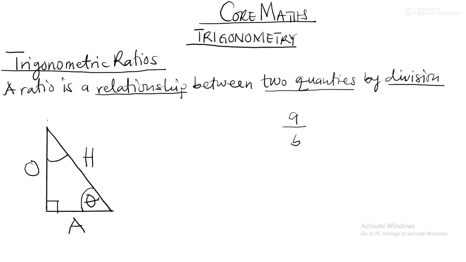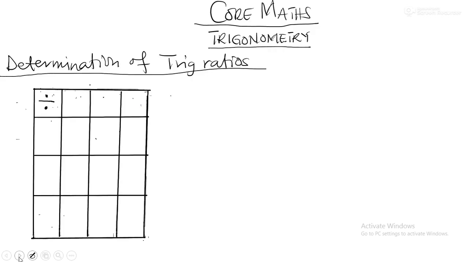Now let's determine the ratios we can get from a right angle triangle. We want to look at the number of ratios we can get from a right angle triangle. So we have determination of trig ratios.